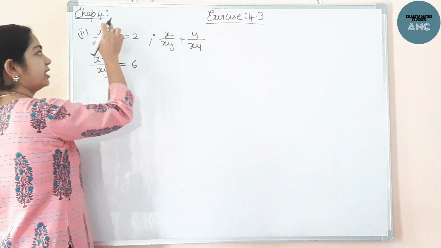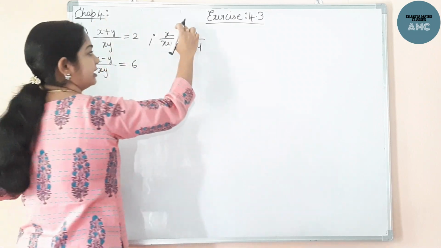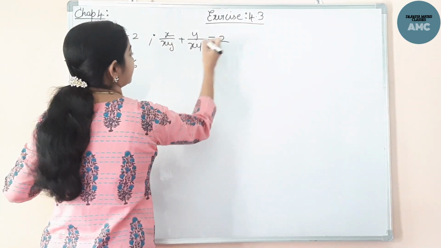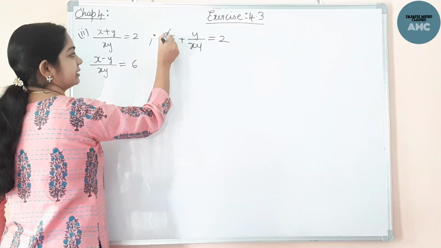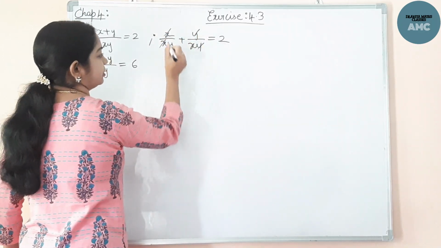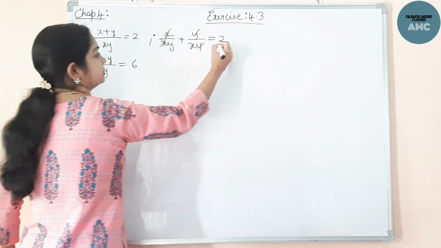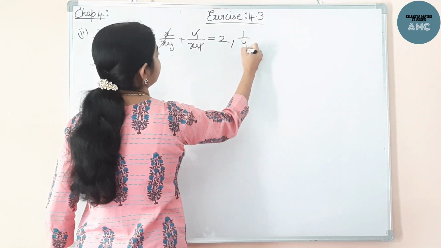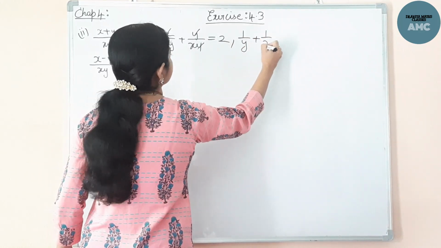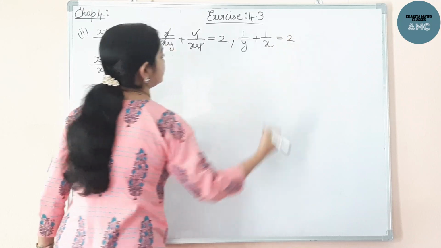After doing the LCM, you get this, isn't it? Now we can cancel x and x, y and y. Now what is left over here? I'll write it: 1 by y plus 1 by x equals 2.